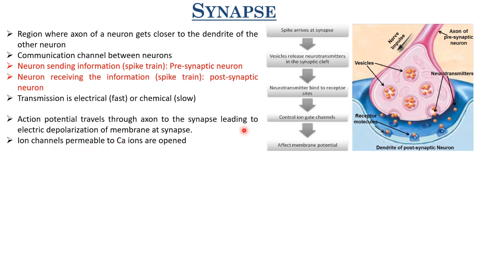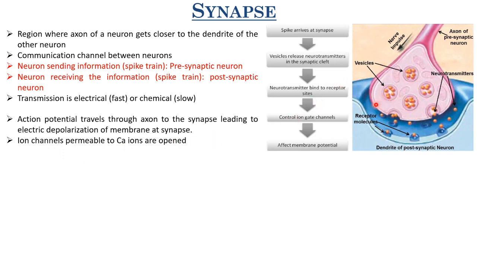So the action potential is coming through the axon and reaching this point. Because of this, there is a depolarization of the membrane, and the ion channels which are permeable to calcium are opened.